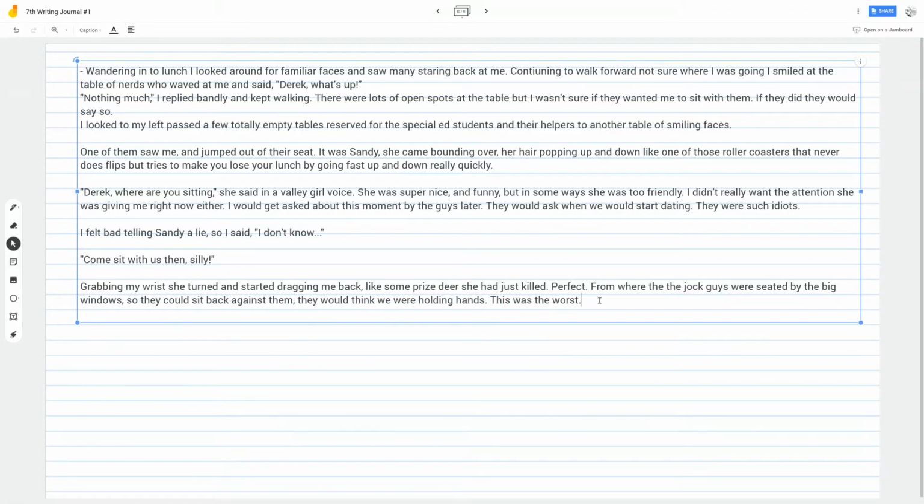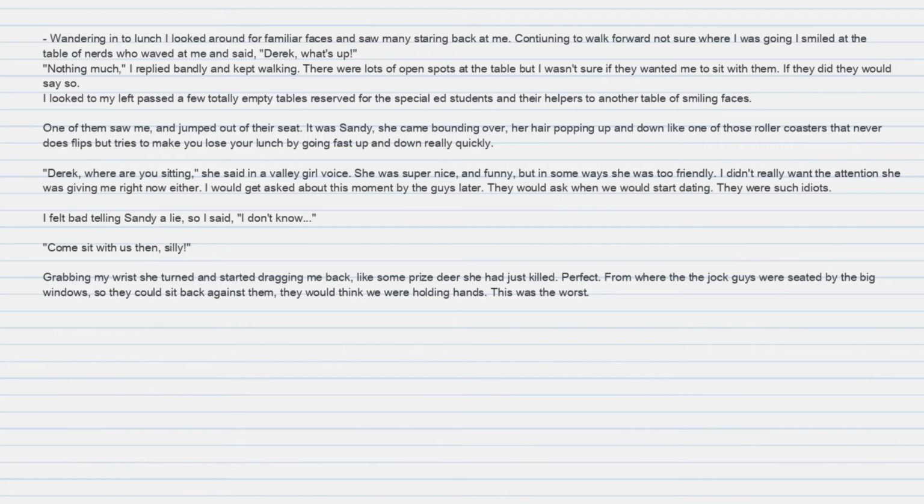I specifically point out where those jocks are sitting because I want to include parts of this scene as far as the setting goes. So I want you to really notice that I made sure I created and generated the traits for my characters.